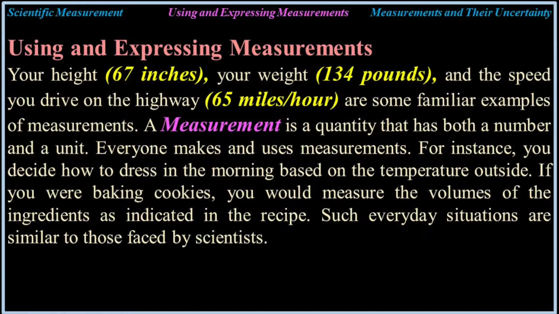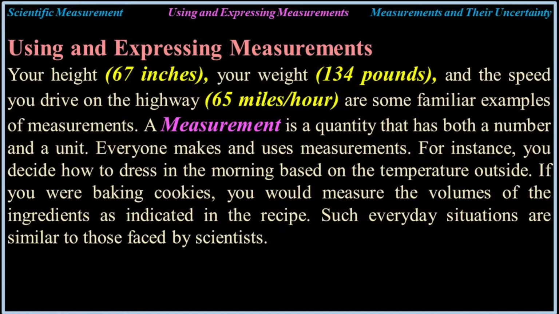A measurement is a quantity that has both a number and a unit. Everybody makes and uses measurements. For instance, you decide how to dress in the morning based on the temperature outside. If you were baking cookies, you would measure the volumes of ingredients as indicated in the recipe.